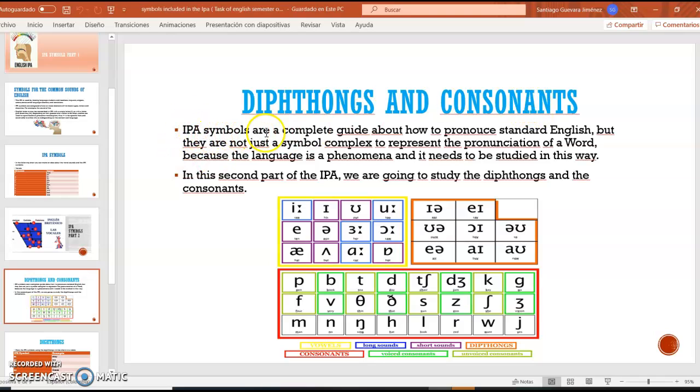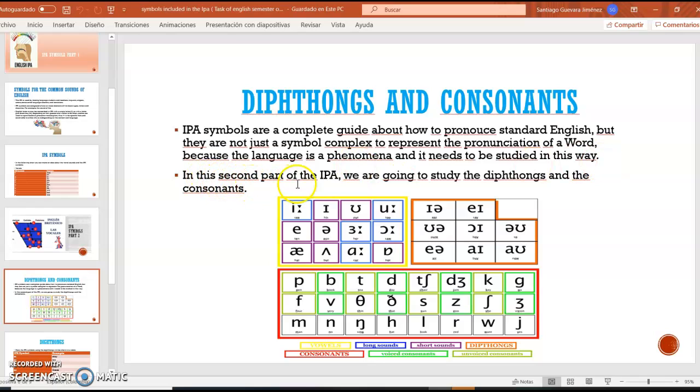IPA symbols are a complete guide about how to pronounce standard English, but they are not used as a symbol complex to represent the pronunciation of a word because the language is a phenomenon and it needs to be studied in this way.